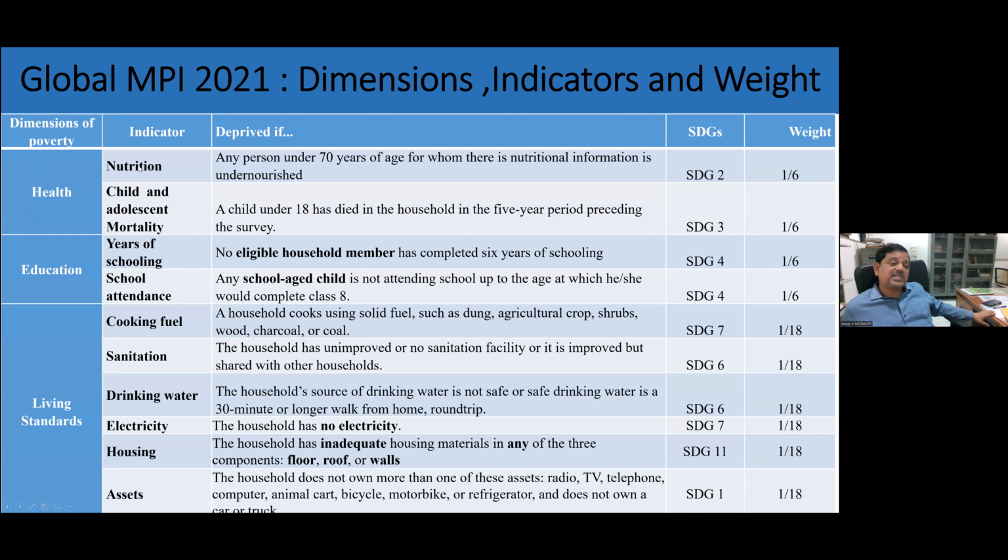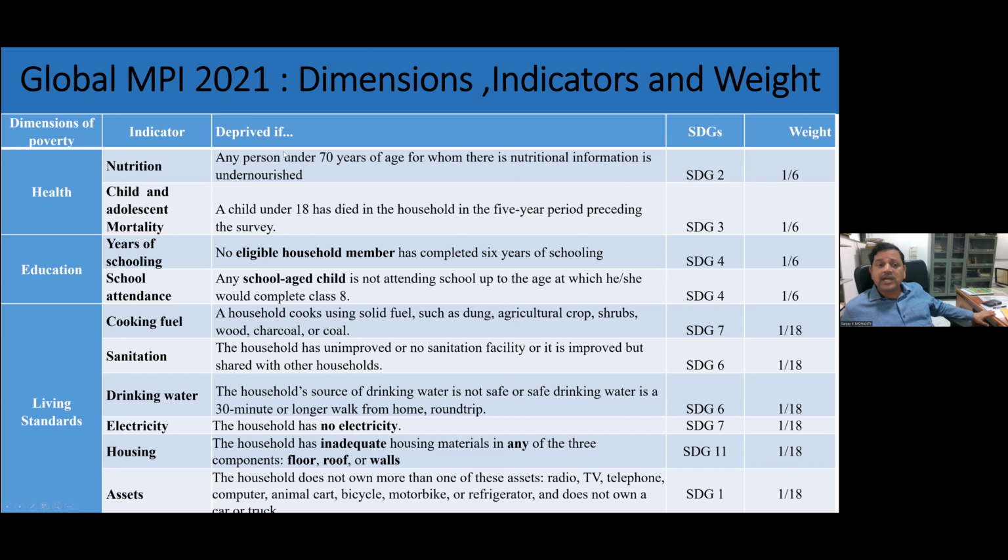As far as nutrition is concerned, since these data are largely collected on nutritional outcomes of children, mothers, and men, any person for whom nutrition information is available, if any individual in the household is undernourished, in terms of underweight, or stunting, or low BMI, that household is considered deprived in nutrition.